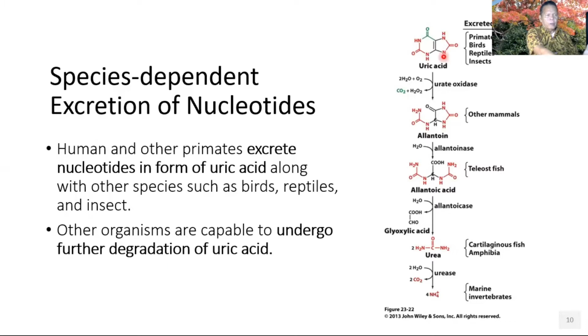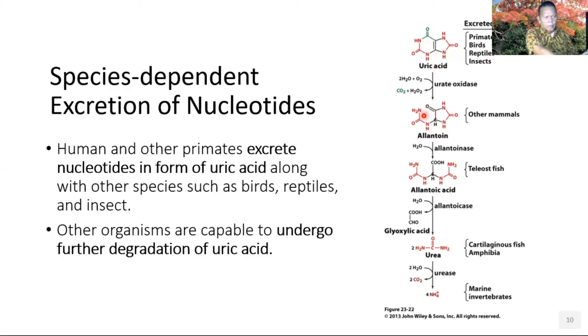On the right side of this slide, this is uric acid. This will be excreted by primates, birds, reptiles, and insects. The first one, uric acid, will be converted to allantoin. In this allantoin, the ring will be open. See this one.